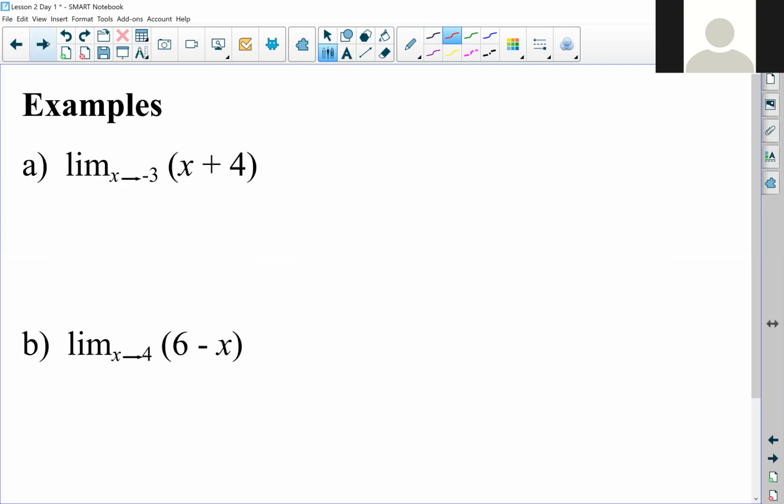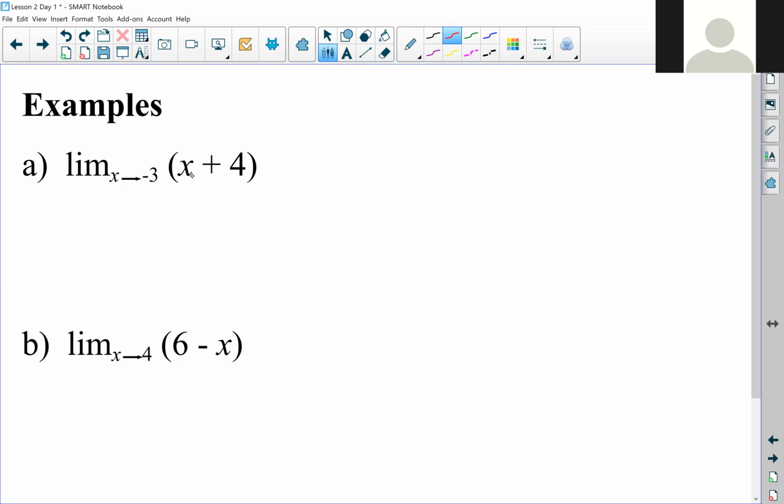All right, so we're going to do a couple of examples. And I'm going to be very thorough through these examples. I don't expect that you're going to do these the same way. My guess is you would take a look at this and you'd plug -3 in for x and get your answer, which is great.